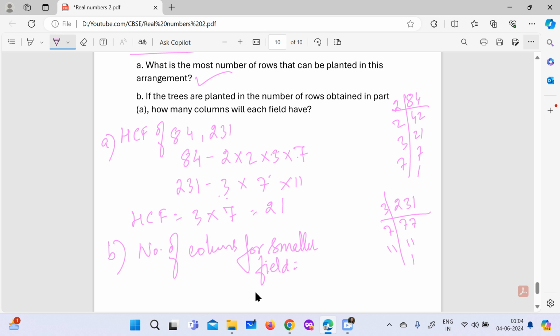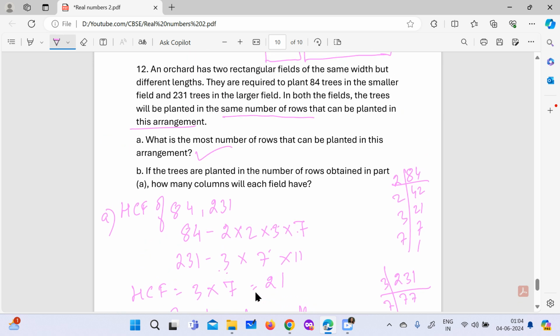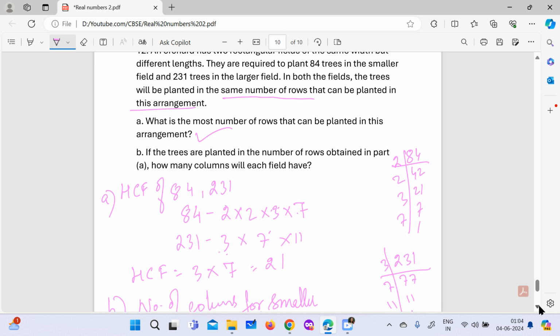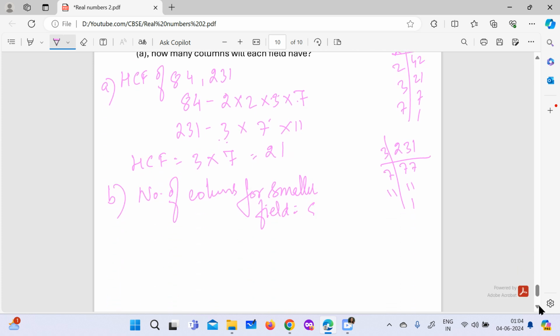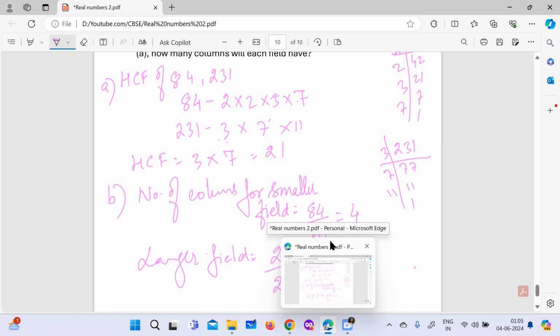Obviously we are going to divide it. So it is 84 divided by 21. 4 ones are 4 and 4 twos are 8. So that will give you 4. And then for the larger field, it will be 231 divided by 21. And that will be 11. I hope this is clear to everyone.